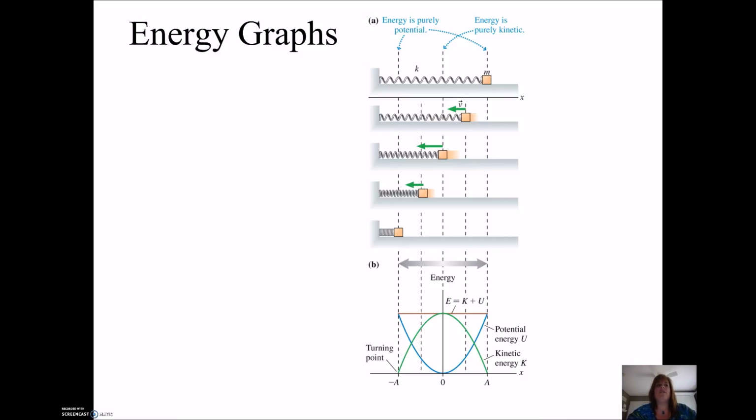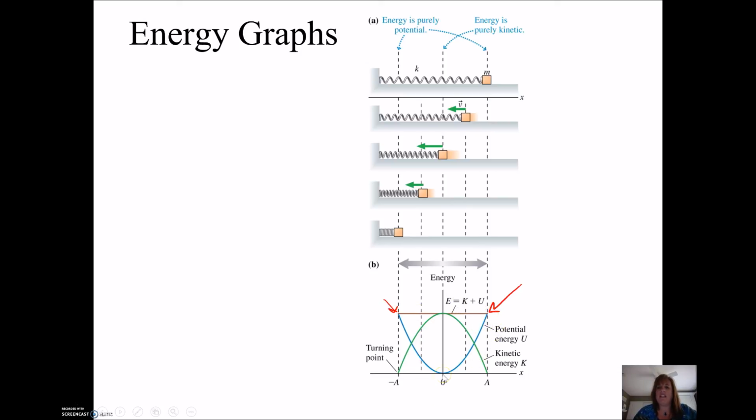The last thing I want to mention is energy graphs. Because of this x squared relationship with potential energy and the v squared relationship with kinetic energy, an energy graph for springs is very interesting. So the total energy at amplitude is all spring potential energy. If you look at this oscillating spring up here, anytime I'm at amplitude, that potential energy, that blue curve here, is at a max.